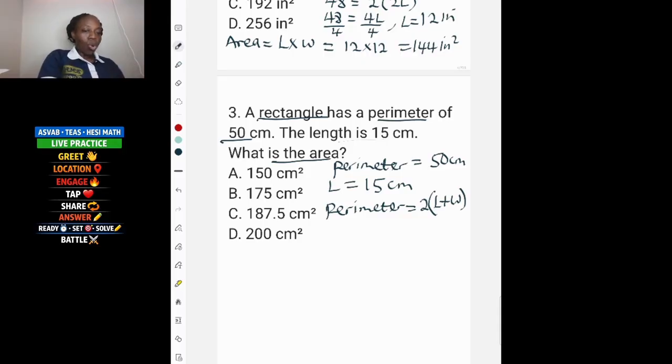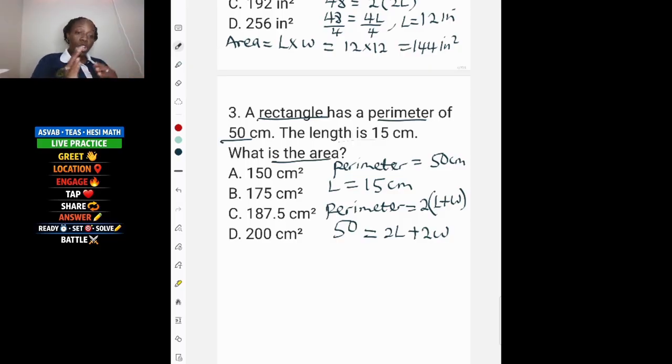Yes, so let's go. We now put our perimeter: 50 is, let's say, 2 length plus 2 width, right? We want to have width on its own, so we don't cause complication here.